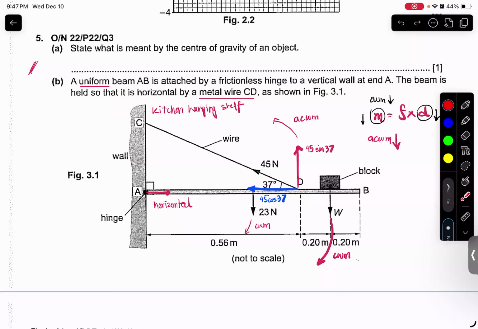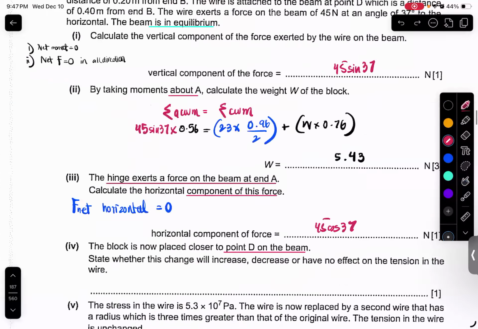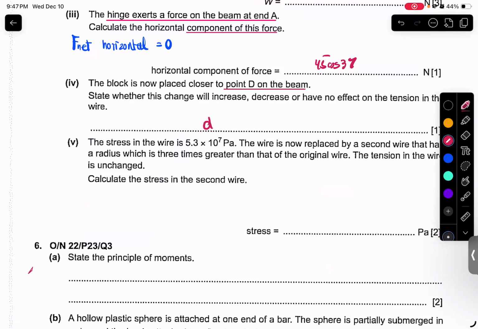For example, if there was no block at all, the beam is not very heavy, so the wire won't need to provide a lot of force to make sure the beam does not fall down. So it's going to decrease.